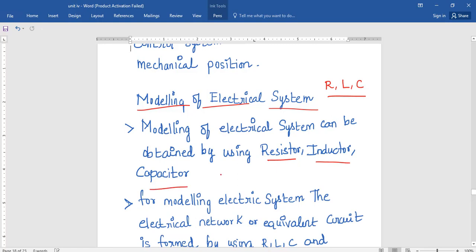You cannot find any electrical circuit without these three elements. Either you will have a combination or separate elements in an electrical circuit. By using this circuit, we will try to model the electrical system.